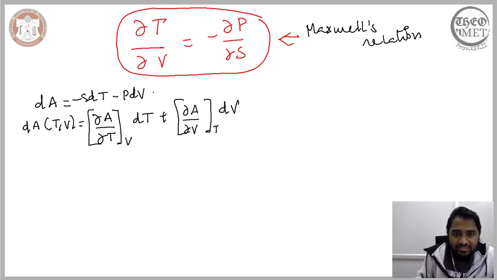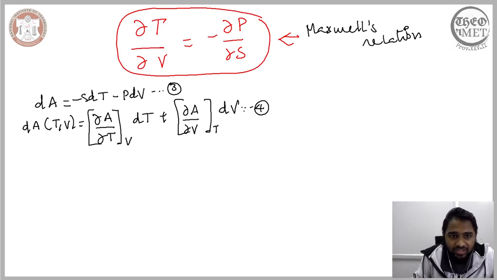Now let us consider these equations, that is 3 and 4. From 3 and 4 we can state that, since on the left hand side we have the same terms, on the right hand side again we have dT, dT, dV, dV.